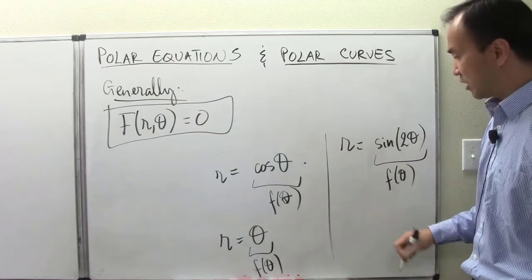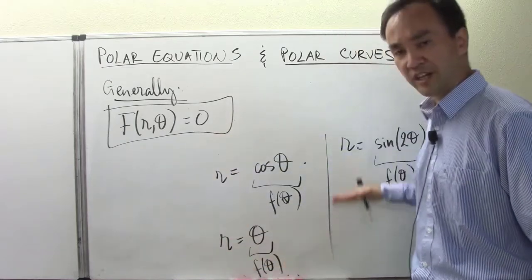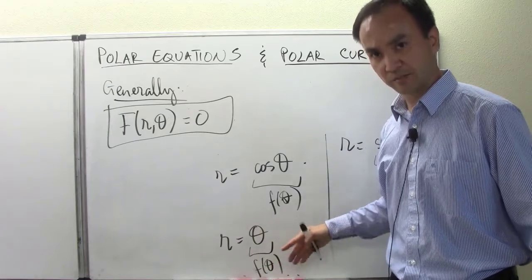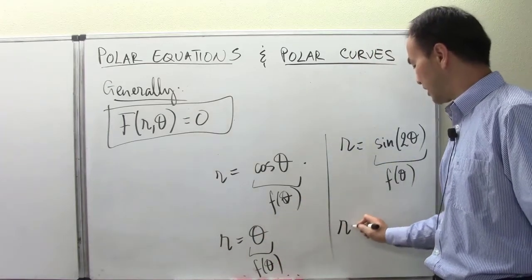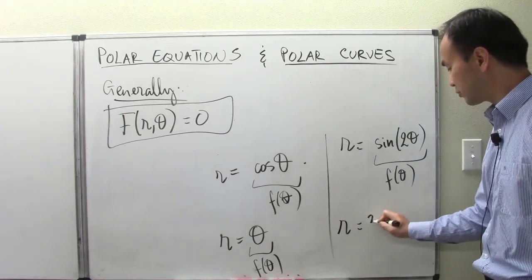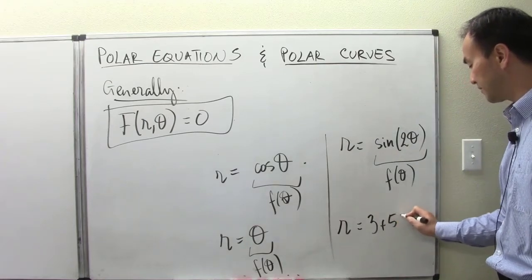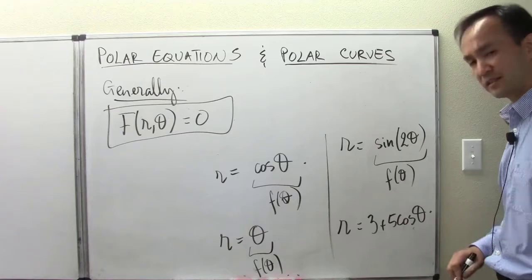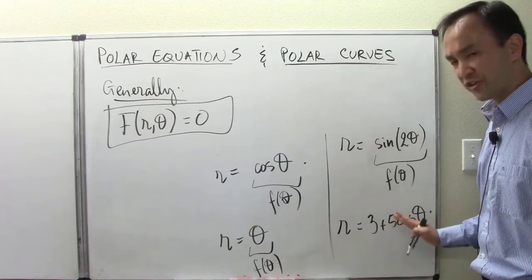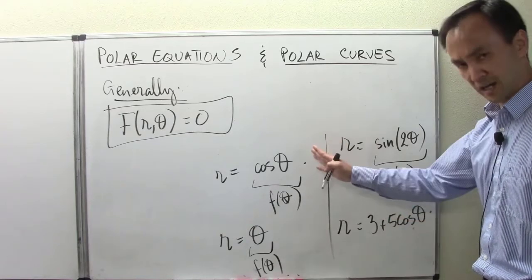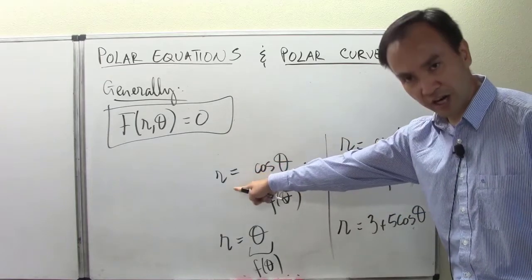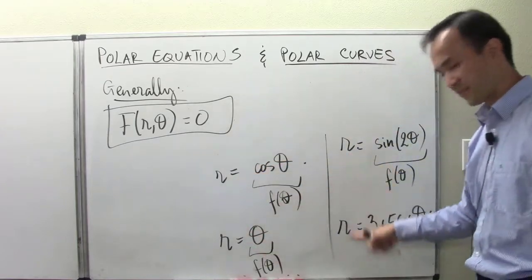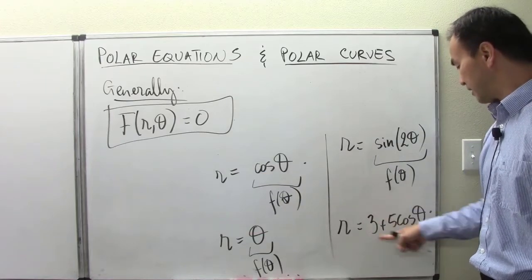These are the ones we usually work with most of the time in terms of polar equations. We can also have r equals 3 plus 5 cosine theta. There are many other polar equations written as a function in terms of theta, so we're treating r as a function of theta on the opposite side.